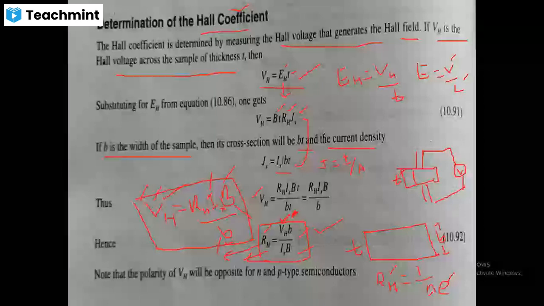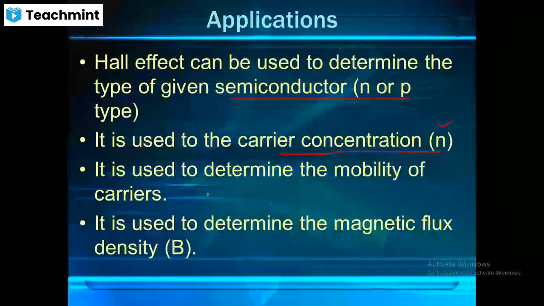Then, what is the third application? We say it is used to determine the mobility of the carriers. Yes, one more important parameter, the mobility of the carriers, can be determined. Now how? We have an expression here: sigma equals N into E into mu. What is sigma? Conductivity.